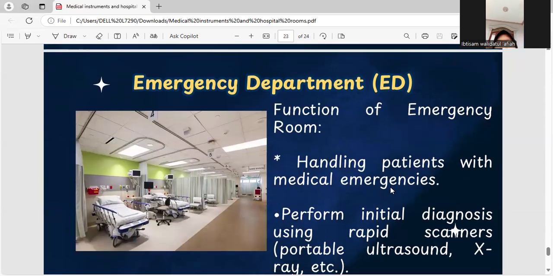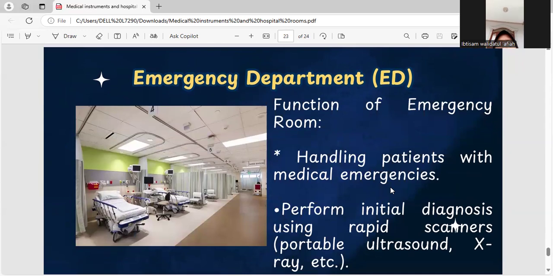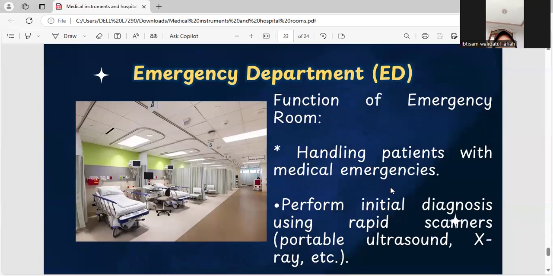The function of the emergency room is handling patients with medical emergencies and performing procedures using portable ultrasound, X-ray, and so on.